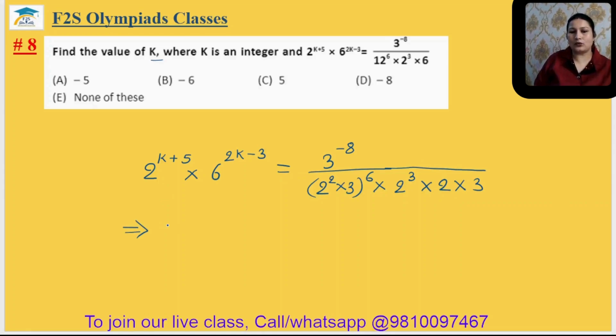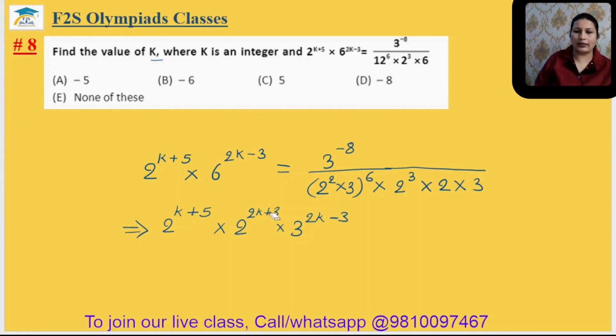So I can write 2 to the power k plus 5, and here multiplied by, can I write 6 as 2 multiplied by 3? So it will be 2 to the power 2k plus 3 multiplied by 3 to the power 2k minus 3.